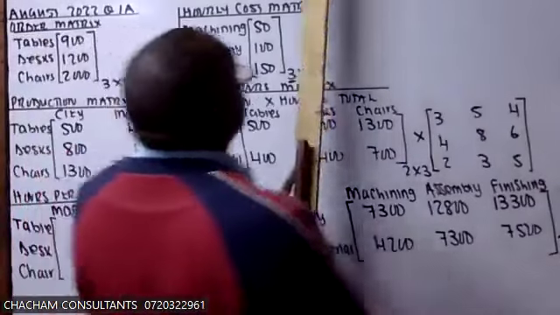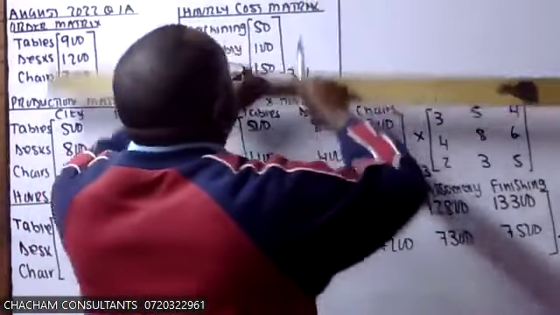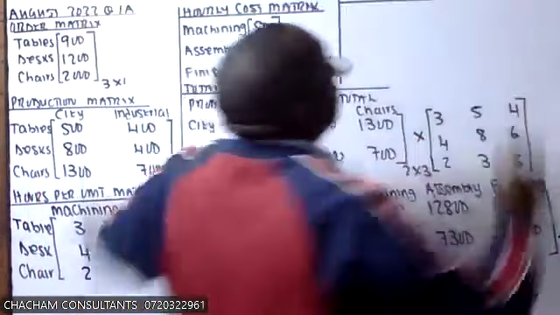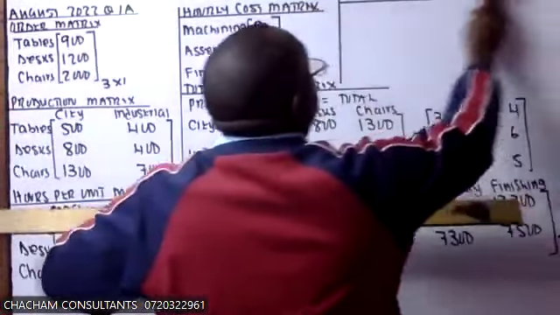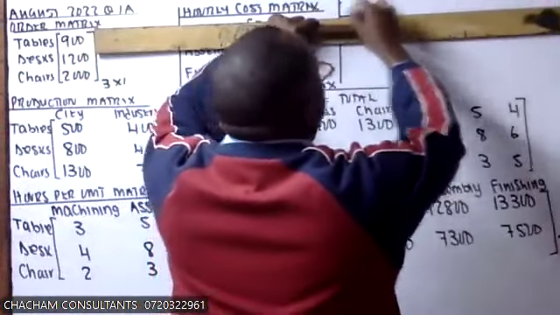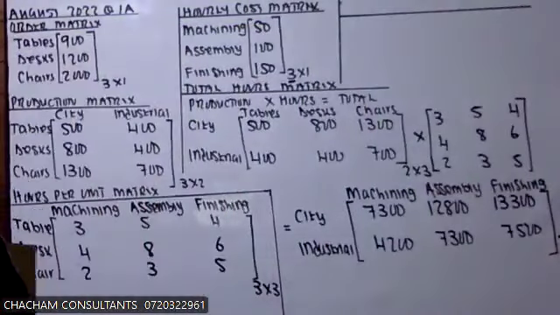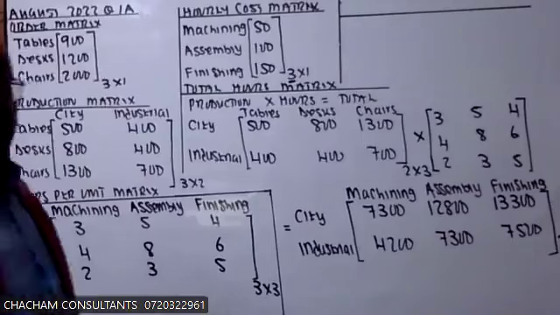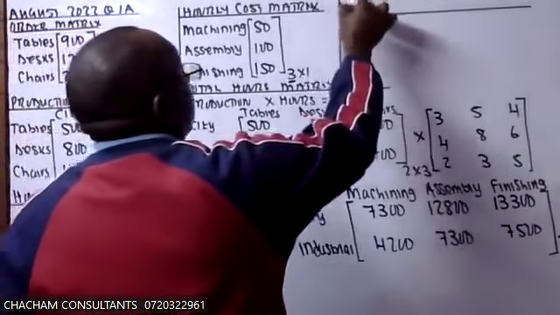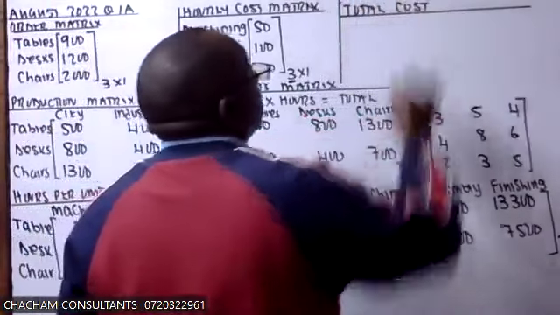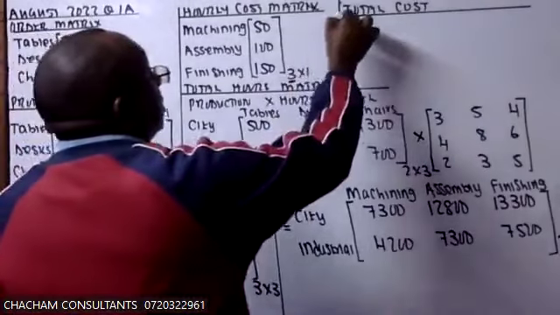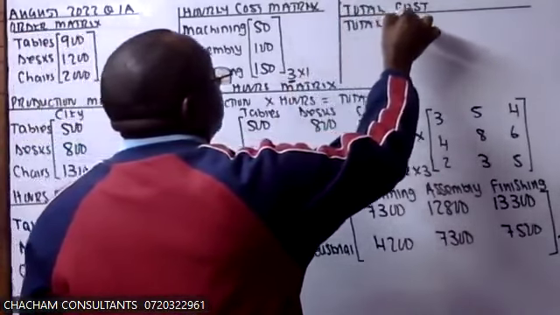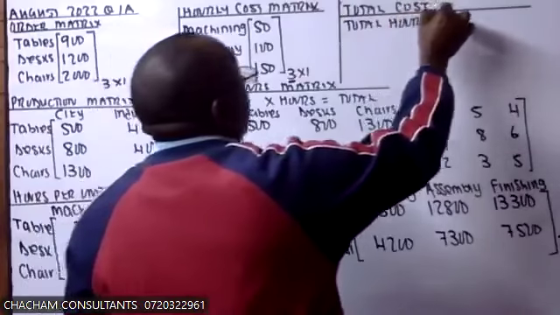So when you are asked to get the total costs, we shall get the total hours times the hourly costs.